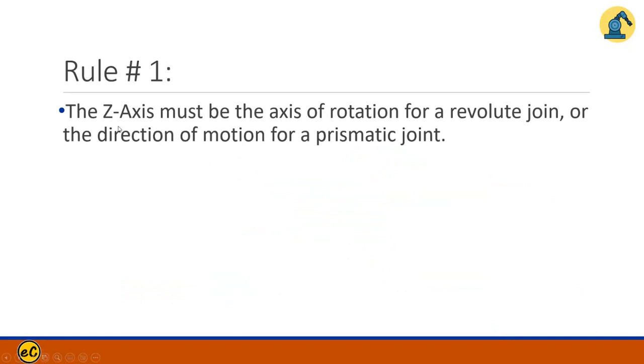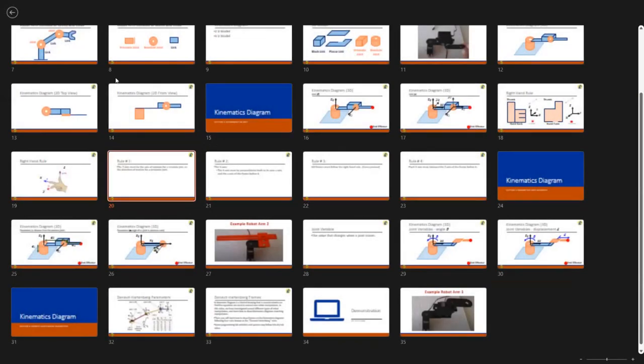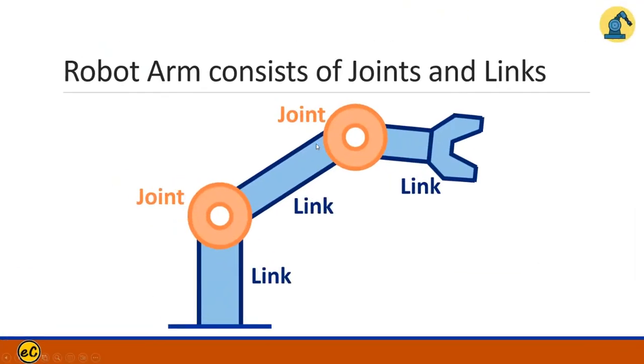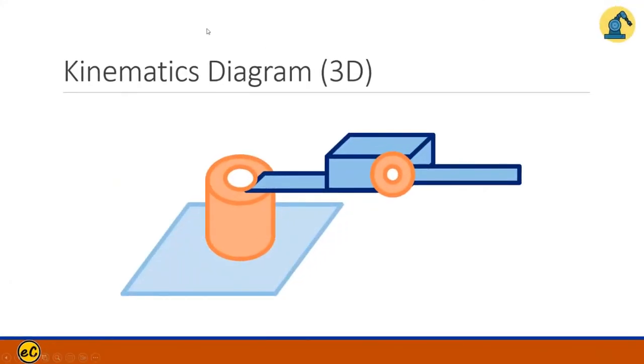The first rule is the z axis must be the axis of rotation or the direction of motion of the prismatic joint. When you have some 3D model, your z must be on the revolute joint. Just don't think about x, y now.